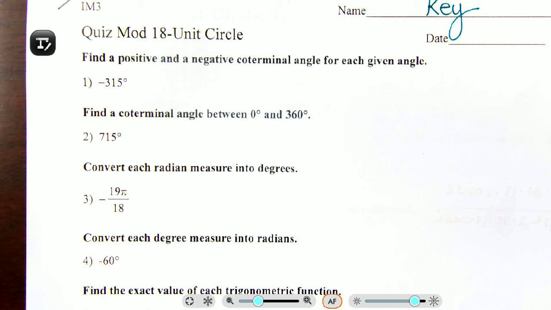Let's get started. There's a lot of key terms in this quiz. You need to know what those mean in order to know what it's asking. The first key term is coterminal.